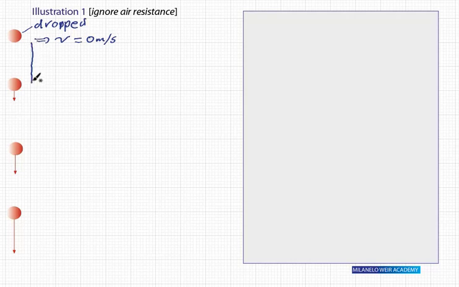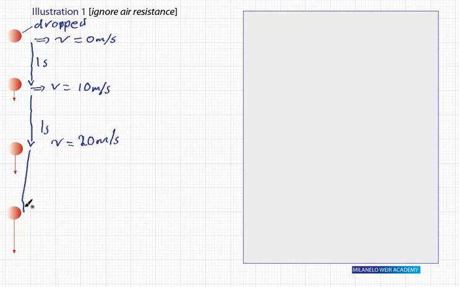Then after 1 second, the velocity is now 10 meters per second. After a further 1 second, the velocity is now 20 meters per second.